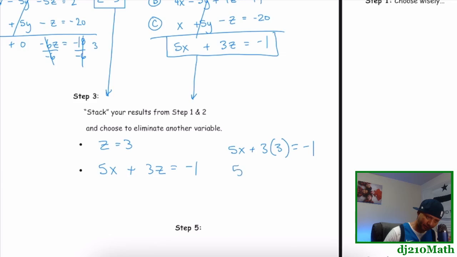So 5x plus 9 is equal to negative 1. I'm going to subtract 9. 5x is equal to negative 10. Divide both sides by 5. Negative 2. So x is equal to negative 2.